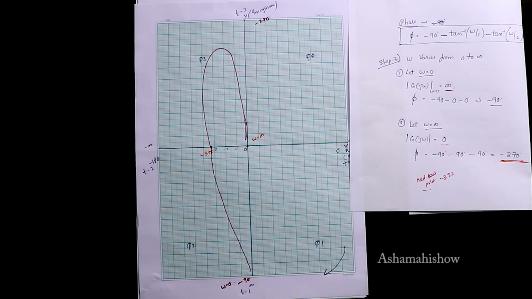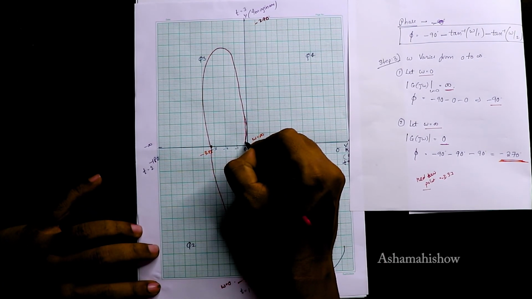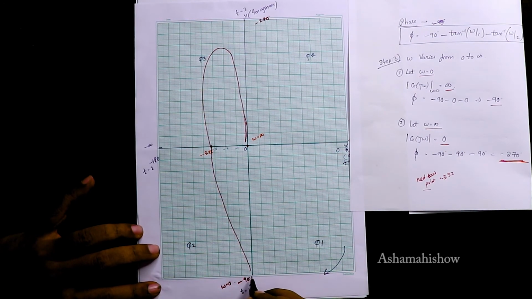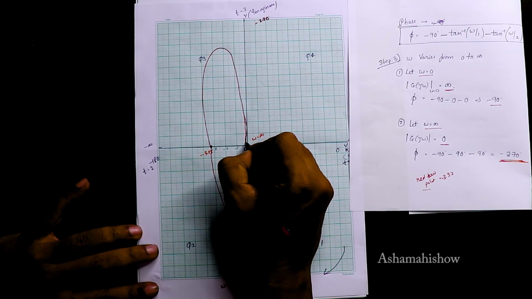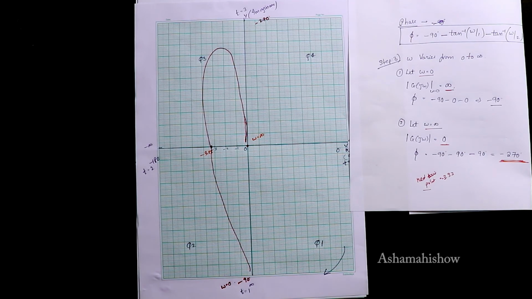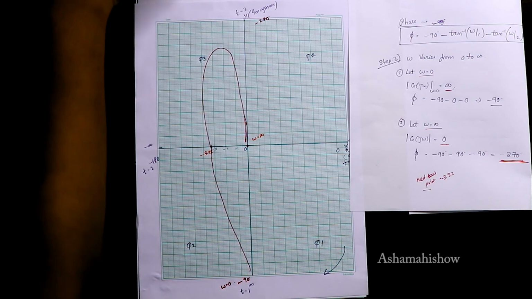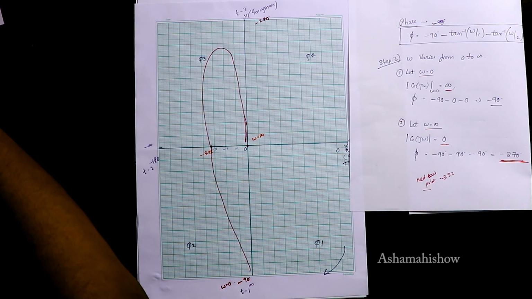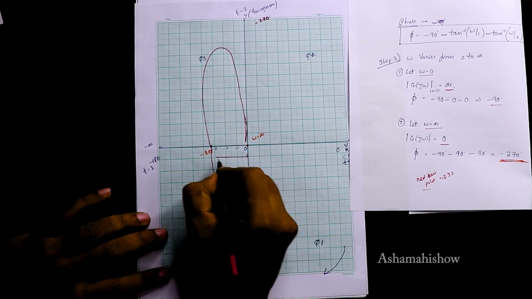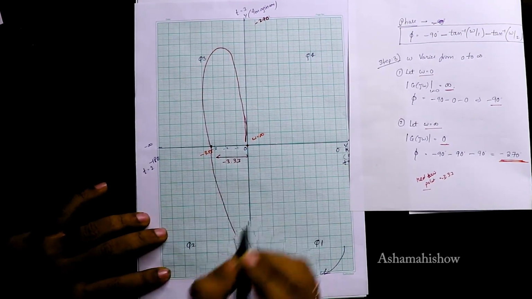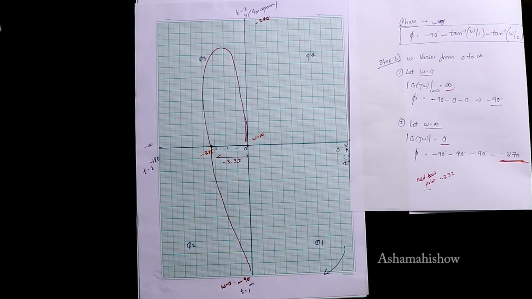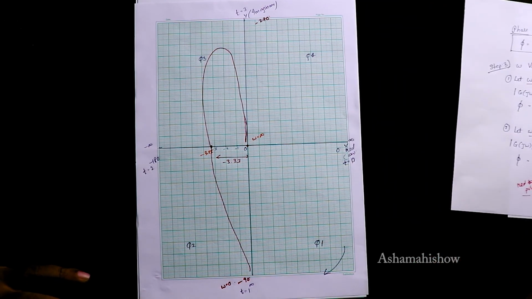Don't touch the 0, and here also don't touch, because we don't know where infinity is. So this was your polar plot. It's a very simple thing, and the crossing magnitude is minus 3.33.